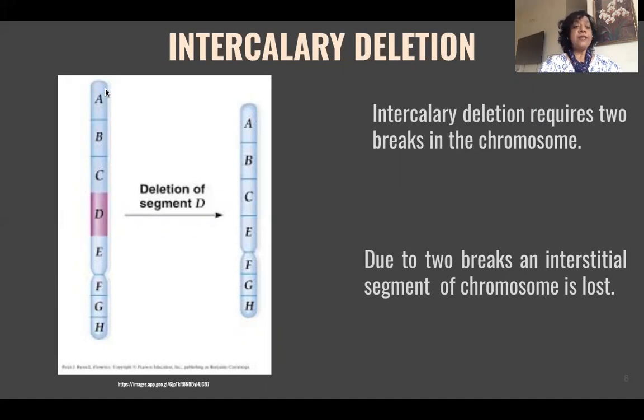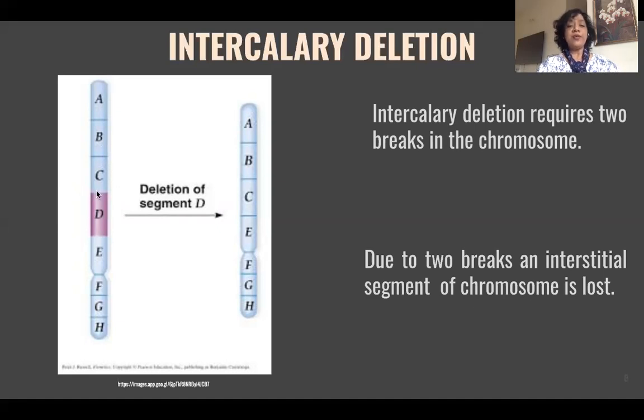After the centromere, you can see F, G, and H. So A to H are the genes. Now, you can see a small portion is colored, and in this portion the gene D is present. What did I say? For intercalary deletion, you require 2 breaks in the chromosome.